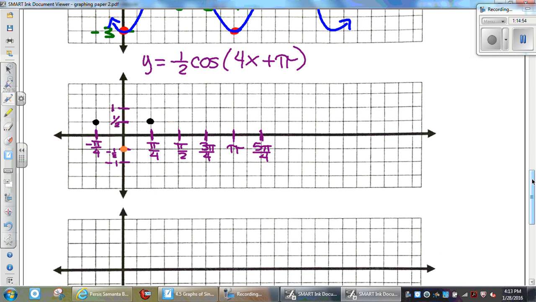And right in between a max and a min, we have an x-intercept. And between the min and the max, we have the other x-intercept. And so this will look like this. And it should be a little more rounded. If we were to ask to graph more cycles, then we would just keep going in the same pattern.